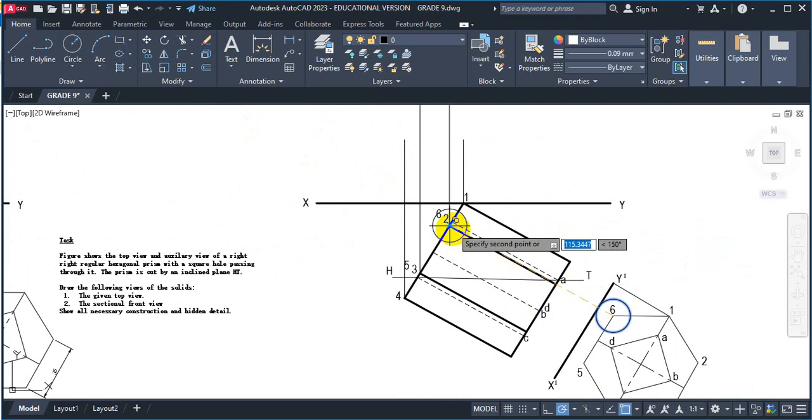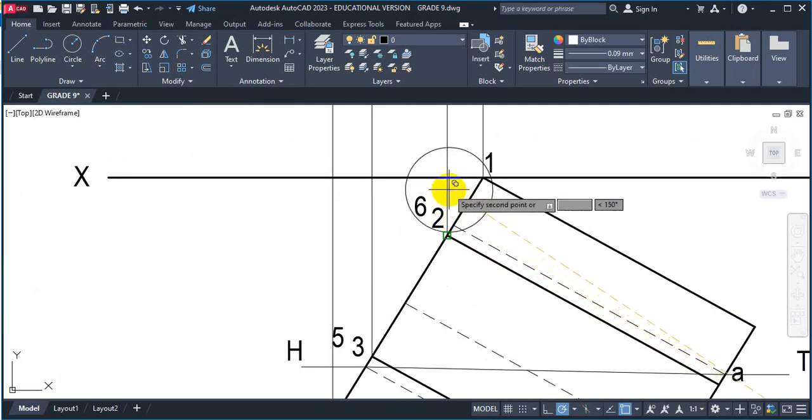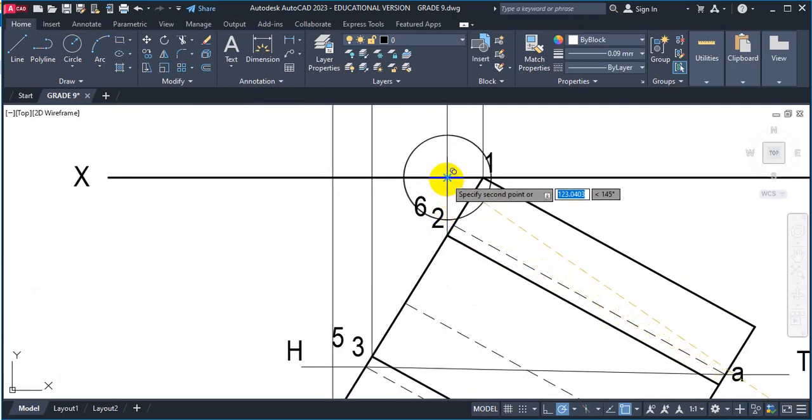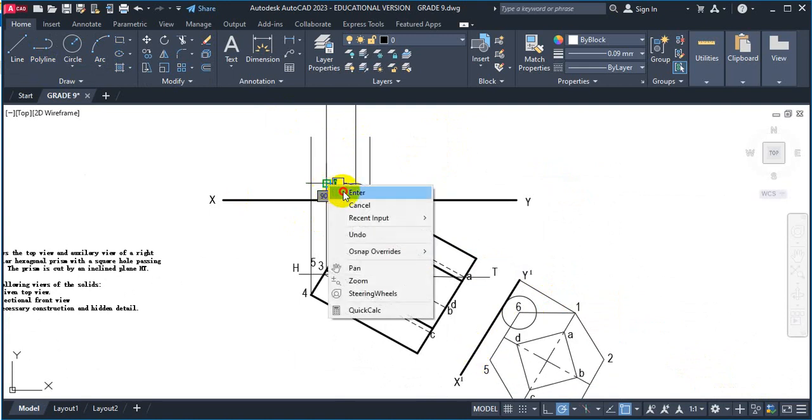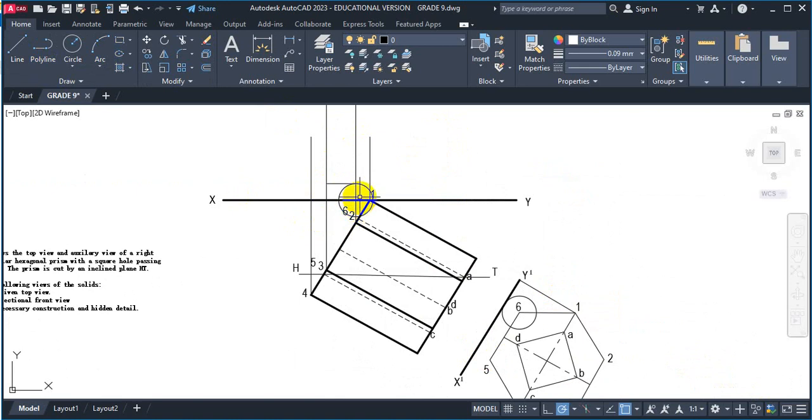I'm going to place this, there's number 6 here, onto the XY line. Now there's the distance there. But we're saying that 6 and 5 are the same distance. Therefore, I can just do a construction here. So I know that's where they will be. Right, let's take away the circle again.